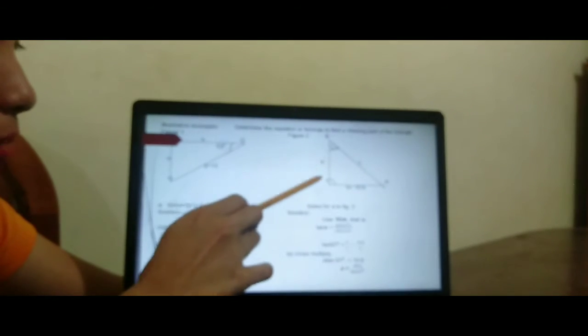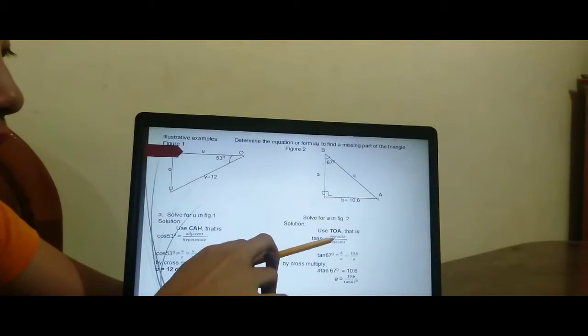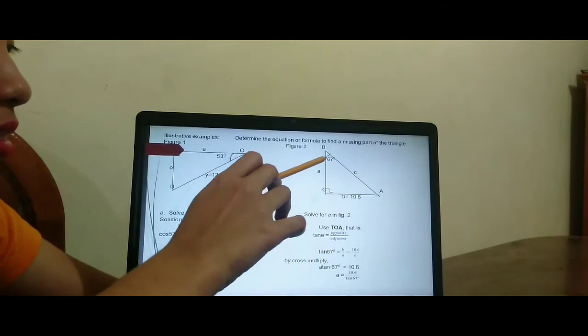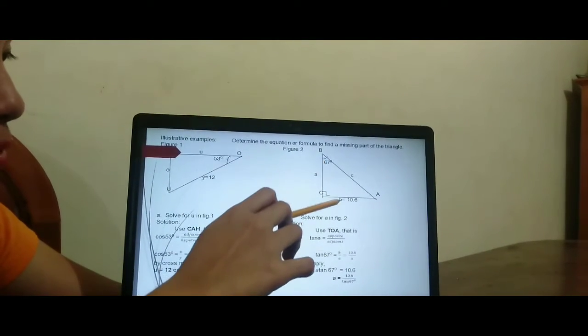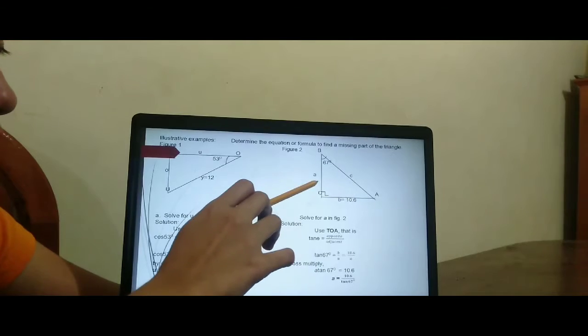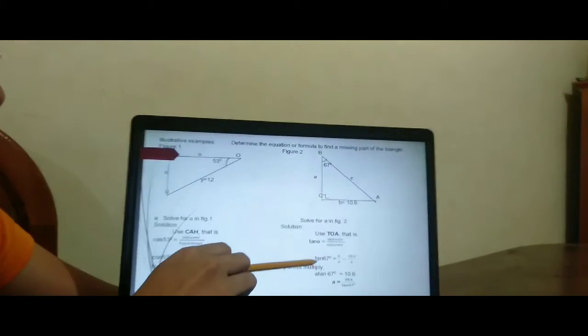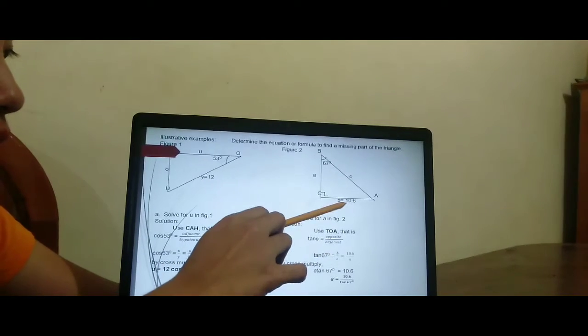Unya, maapil na to si unknown. So we will use the tan or the TOA. TOA is equal to opposite over adjacent. With respect to angle 67 degrees, ang iyang opposite is 10.6. Ang iyang adjacent is unknown nga mao itong gipangita. So that is tan 67 degrees is equal to B over A.